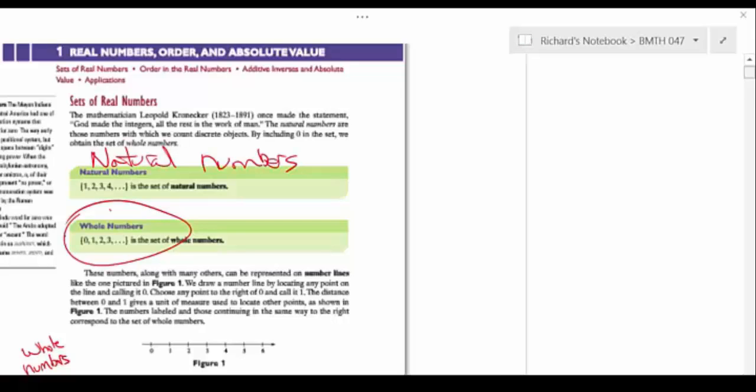Now, the natural numbers and the whole numbers keep on going up, all the way to infinity. So, for example, with the whole numbers: 0, 1, 2, 3, 4, dot, dot, dot, all the way up to positive infinity.